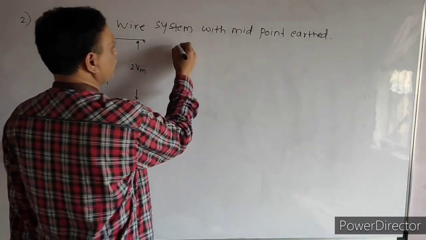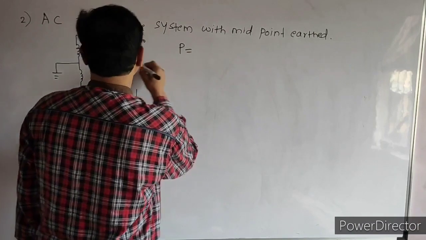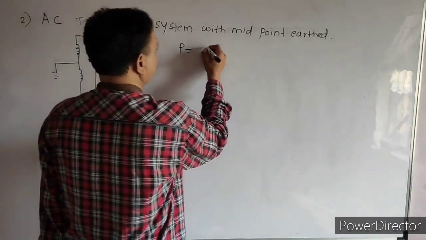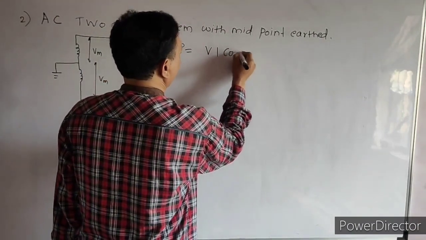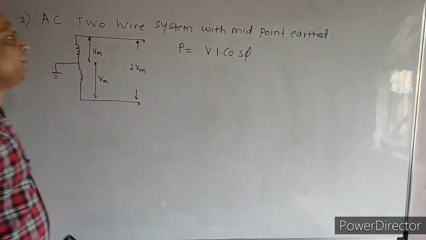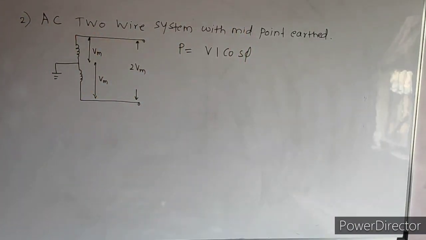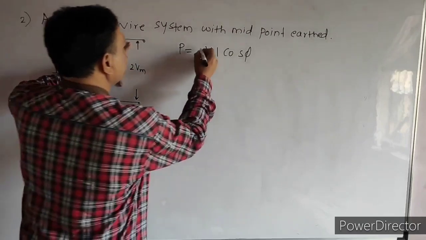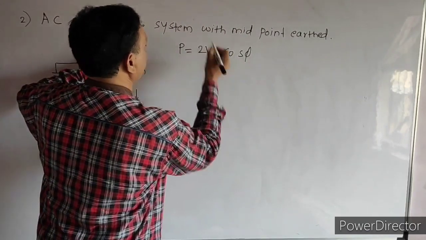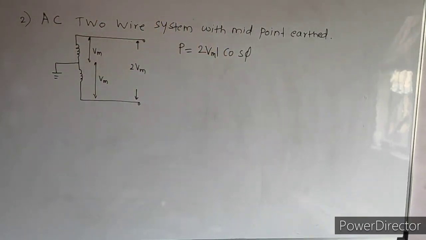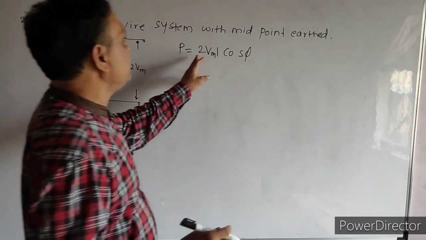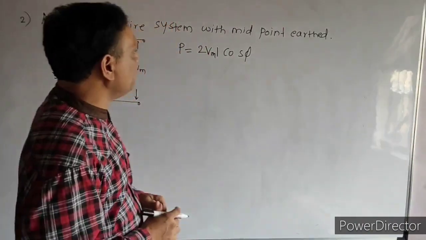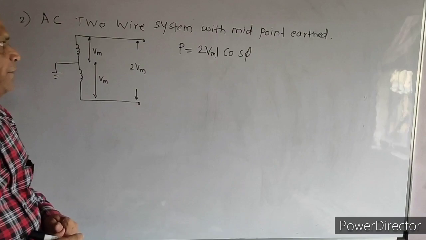So my equation for the power, since it is an AC system, will be VI cos phi. But what is this V? This V is 2 times Vm. So I will write the equation as P is equal to 2 times Vm I cos phi.